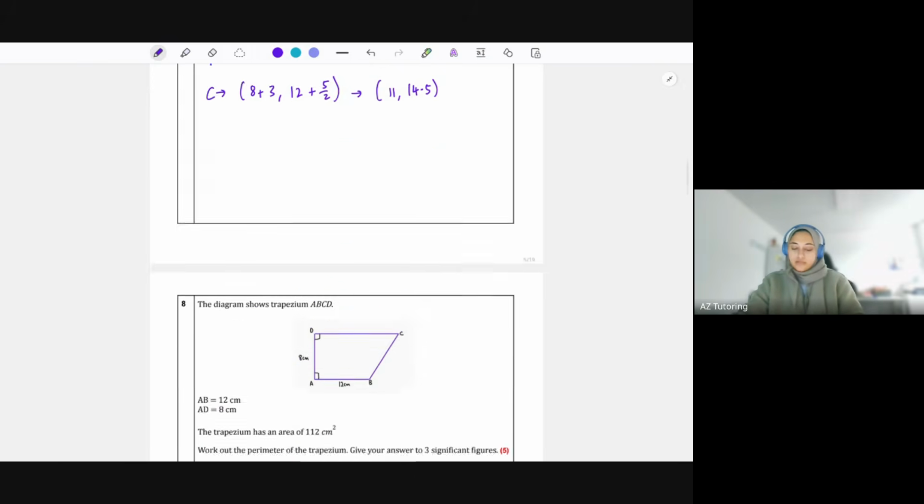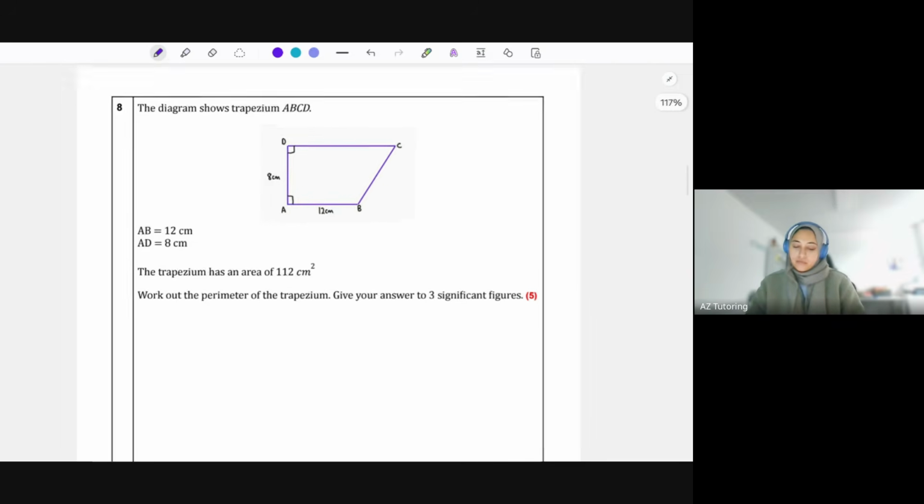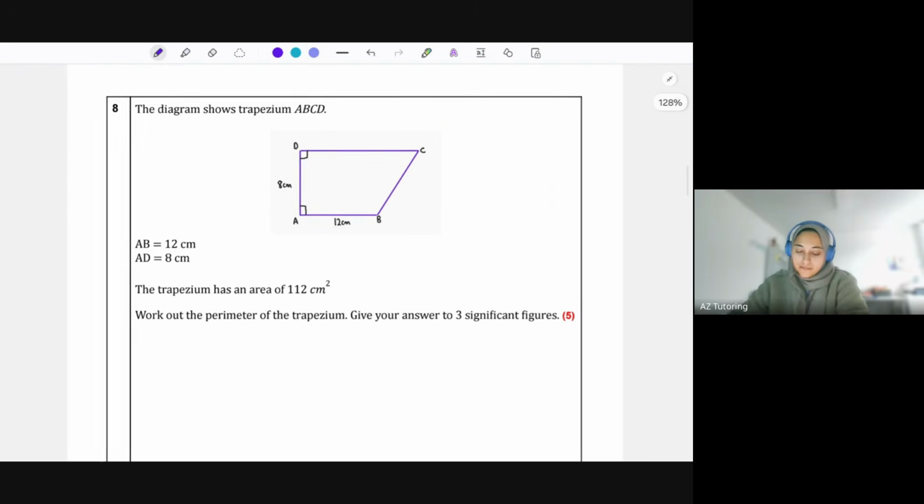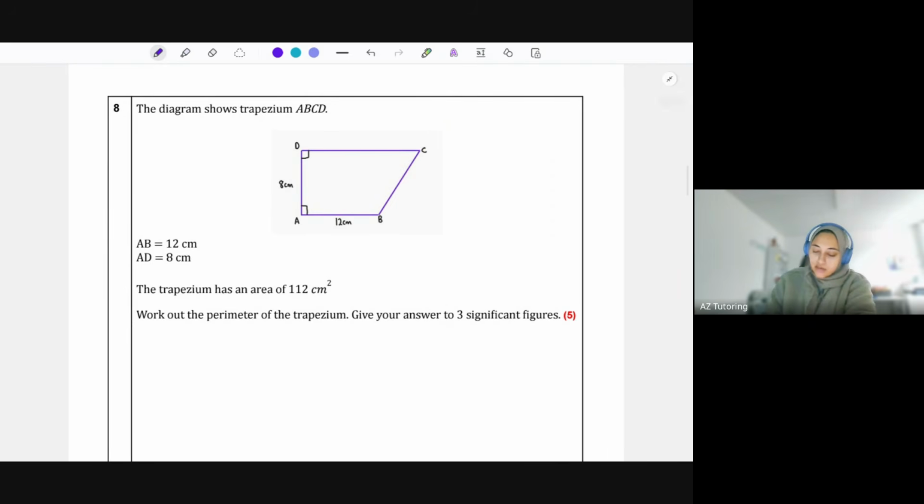Moving on to question 8. We've got a trapezium. We've been given 2 of the sides. We've got AD, which is 8, and we've got AB, which is 12 centimeters. It's told us the trapezium has an area of 112 centimeters squared. So keep in mind the area formula of a trapezium. I'm just going to write that down since it's here.